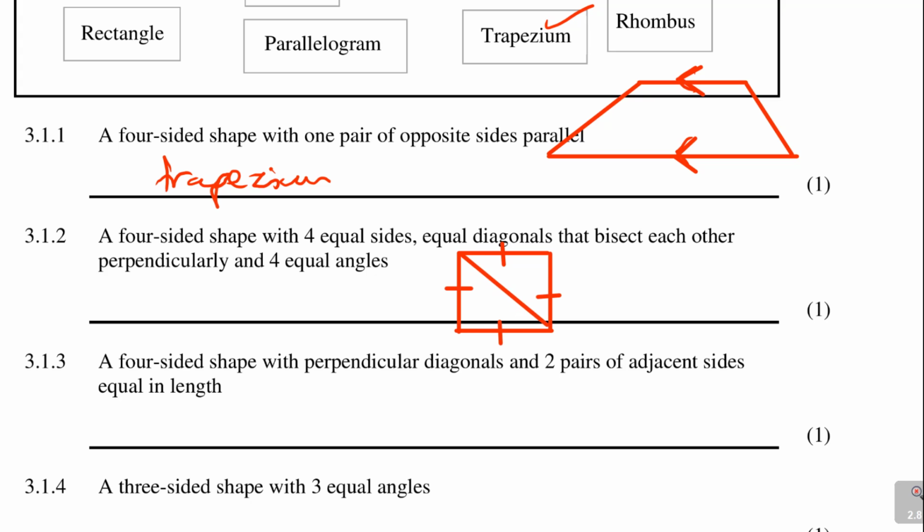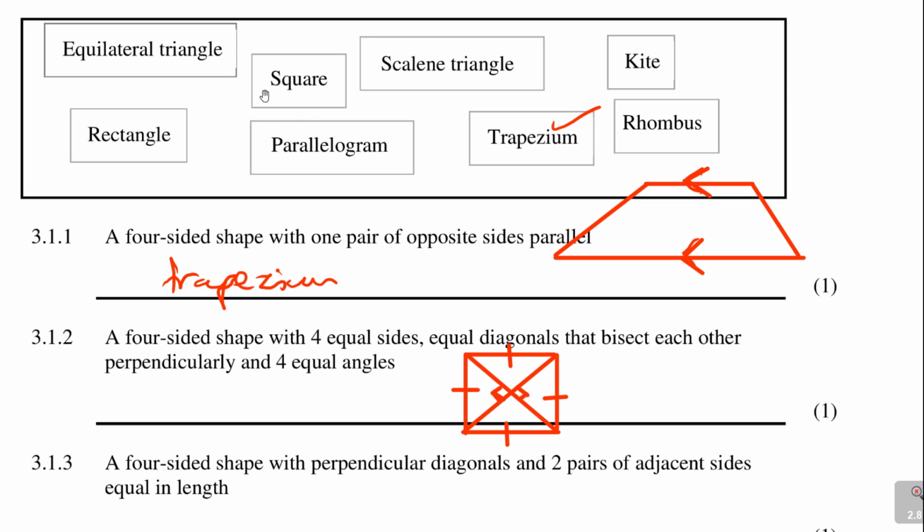The diagonals, there is the keyword. They bisect each other at right angles, perpendicularly, right? And 4 equal angles. These are 90 degrees, all of them. So what is this? It's a square. Do we have that part which says square? Yes, there. It's a square.